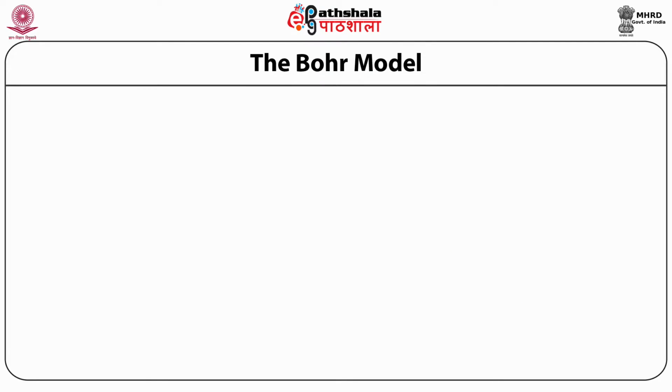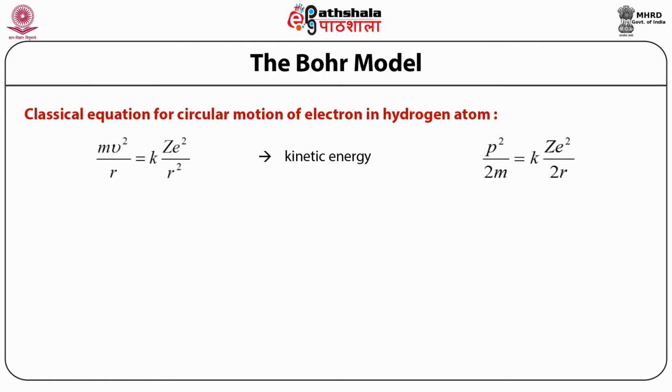What is the Bohr model? In the Bohr model, there are basically two equations. The first equation, as you can see, is really the classical equation for circular motion of the electron in a hydrogen atom. We write mv squared by r, which is the centripetal force, and that should be equated to the electrostatic force, that is kZe squared by r squared, where k is the Coulomb constant, because we are measuring everything in mks units.